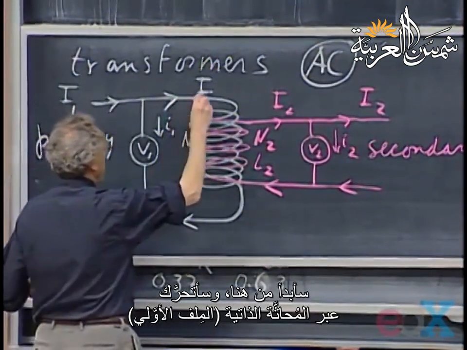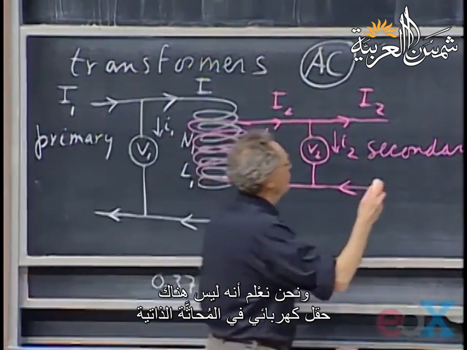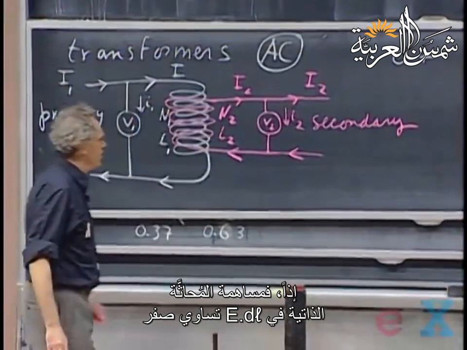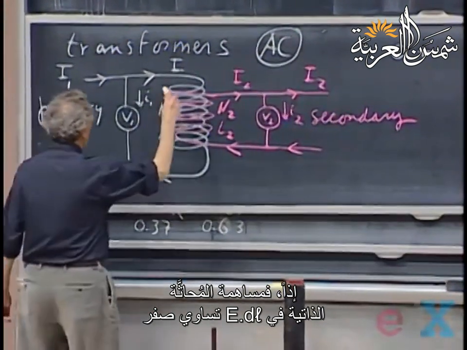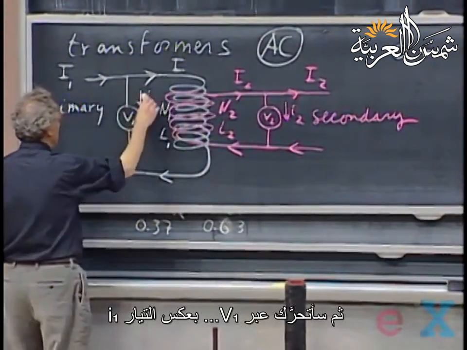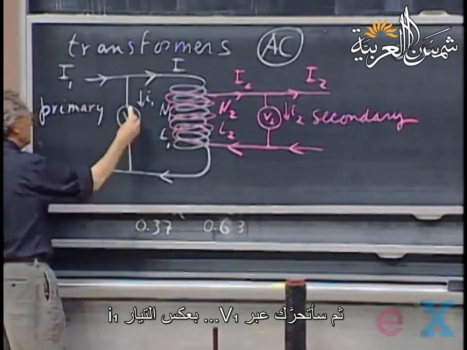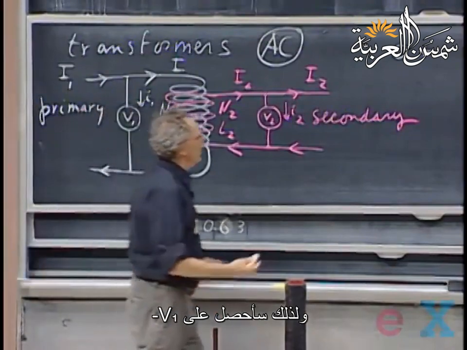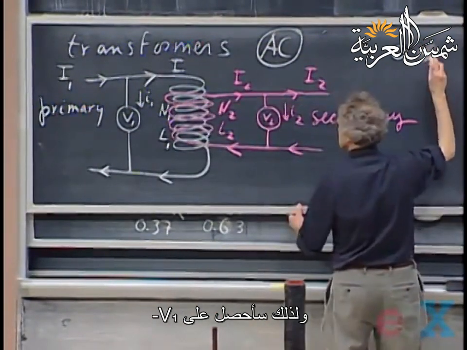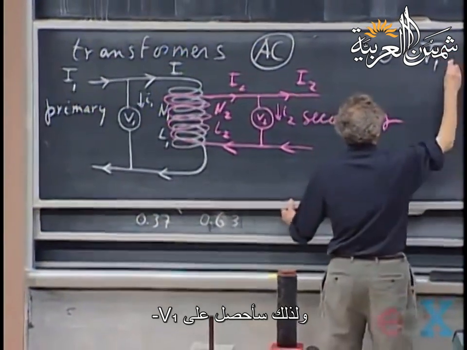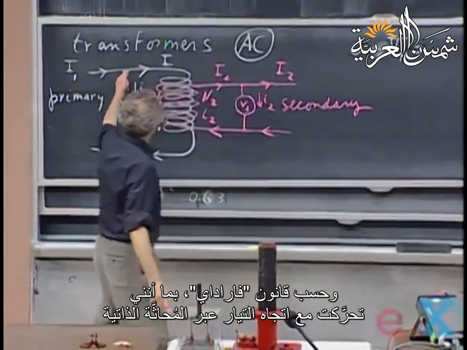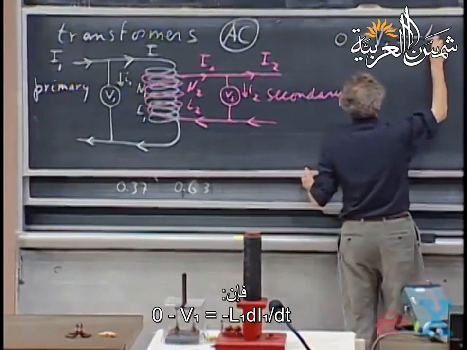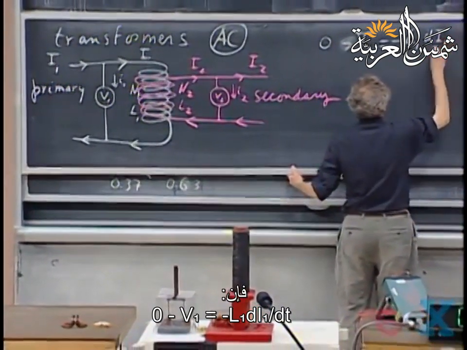And so if I start here and I go through the self-inductor, I know there is no electric field in the self-inductor, so that contribution of E dot dl is 0. Then I arrive here at this current which is opposing me. I go in this direction, but the E field is opposing me, and so I get minus V1. And that now, according to Faraday's law, since I went in the direction of the current through the self-inductor, equals minus L1 dI1/dt.